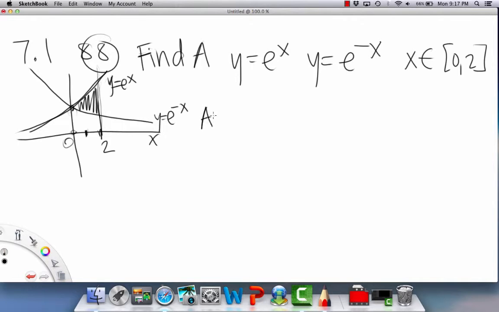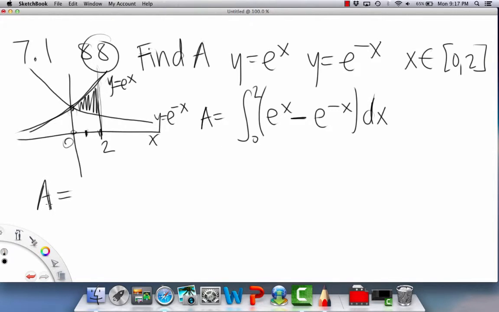So the area is going to be the integral from 0 to 2 of the top function minus the bottom function. So this is going to be e to the x, and then minus the bottom function, e to the negative x, and dx. Okay, so as we simplify here, now we'll start using our knowledge of integrating e to the x.